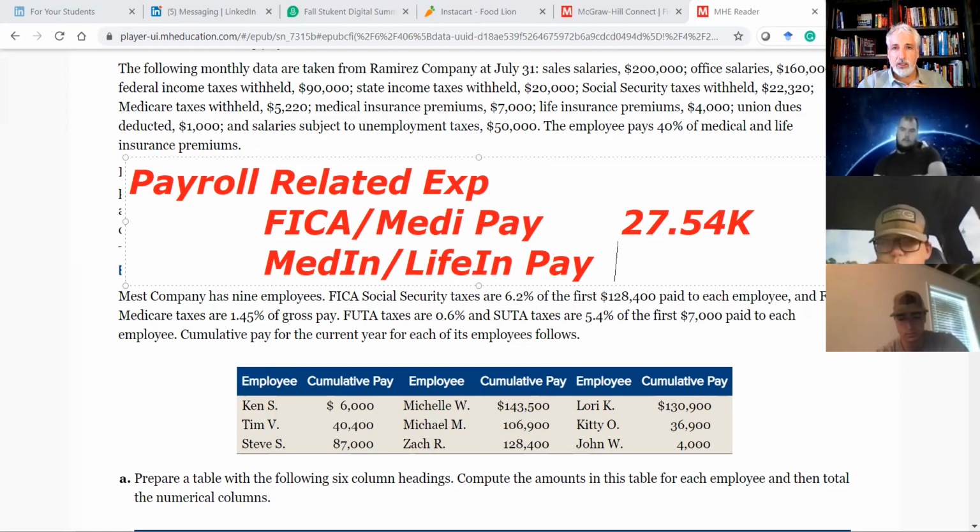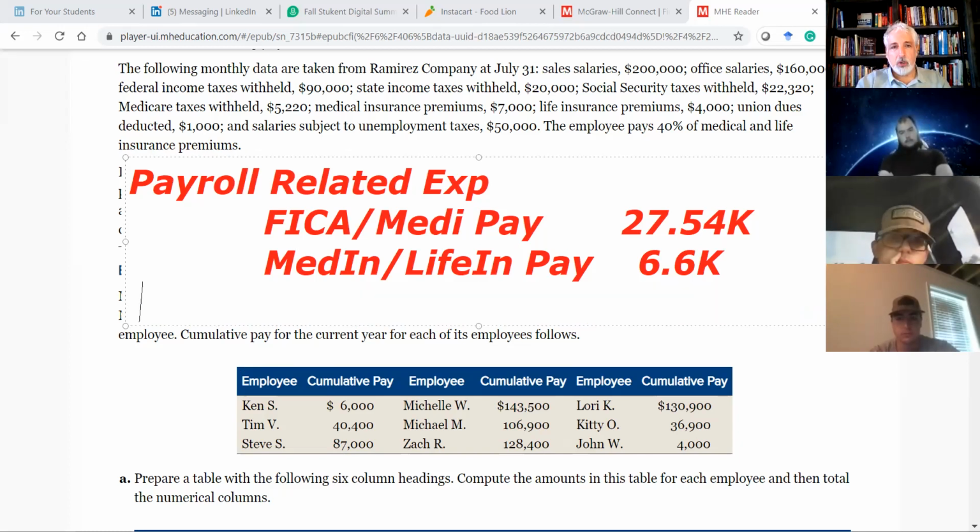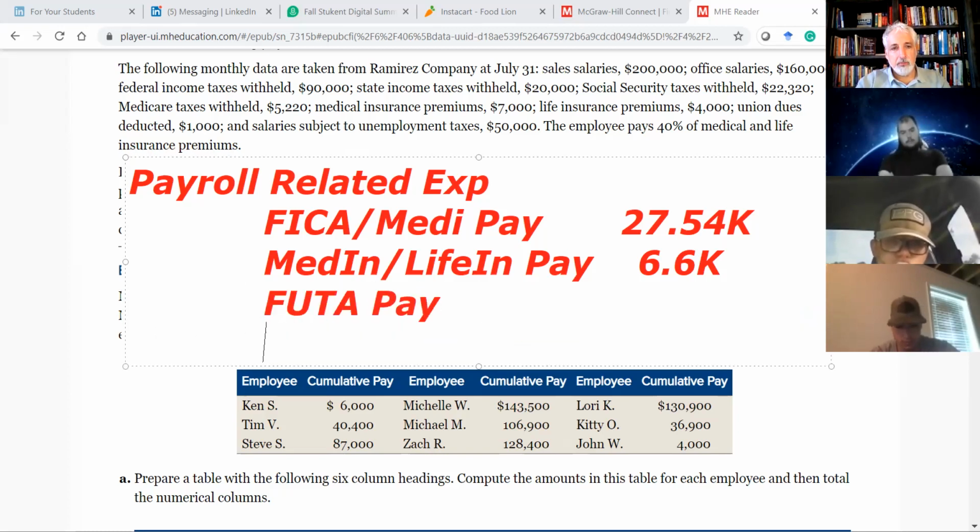So we've got medical of 7 and life, I'm just going to combine them here, 11. And if I take 11 times 6, I get 6,600, 6.6K. And then I don't have to worry about union dues because I'm not matching those, but I do have to worry about unemployment. We've got FUTA payable and SUTA payable.